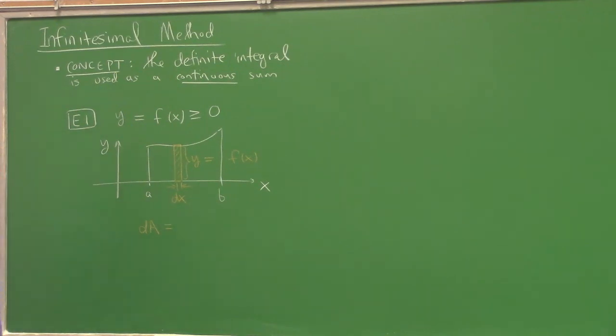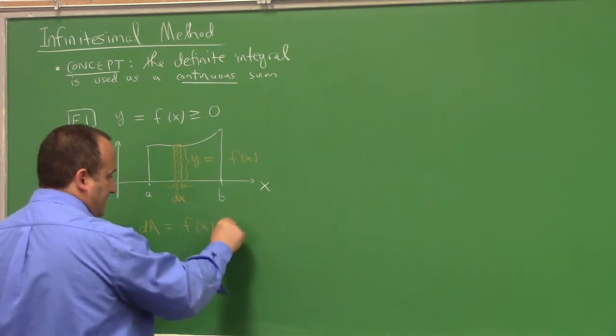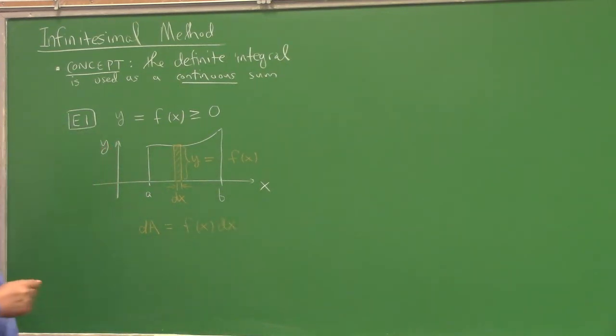Well, it's just the length times the width, which in this case is f of x dx. So this is the infinitesimal relation. That's how a little bit of area relates to a little bit of dx.